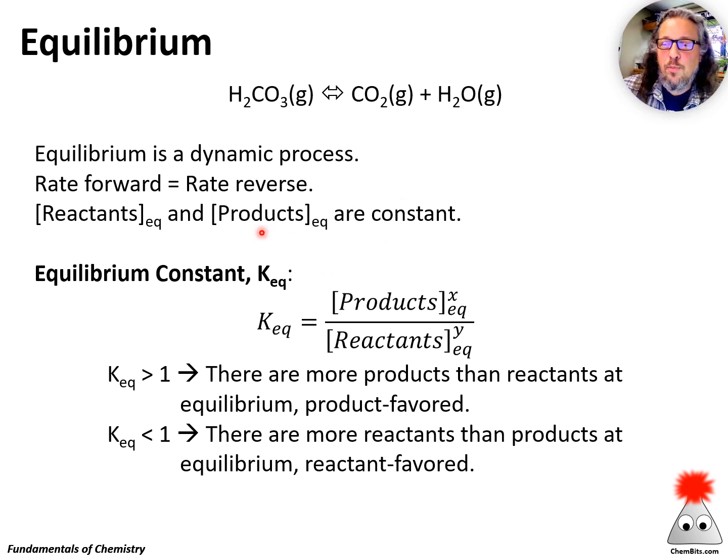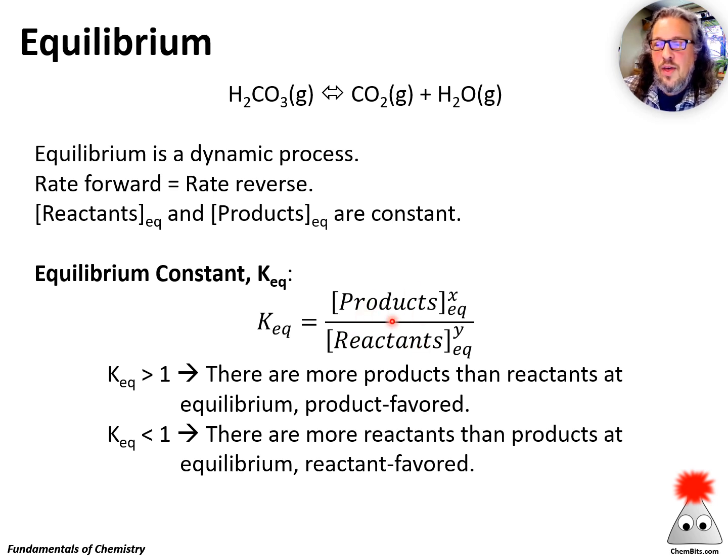We can use that to put together something we call an equilibrium constant. So KEQ, the equilibrium constant, is equal to the concentration of products raised to some power divided by the concentration of reactants raised to some power. And if we think about that, what does that mean? If KEQ is greater than 1, that means that the numerator, the products, is a bigger number than the bottom number, the reactants.